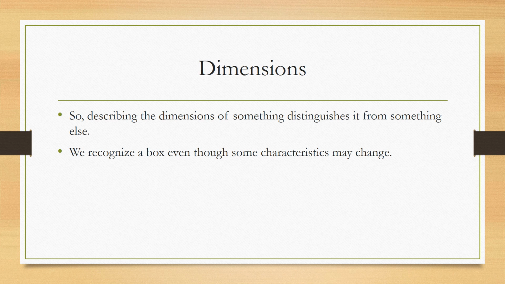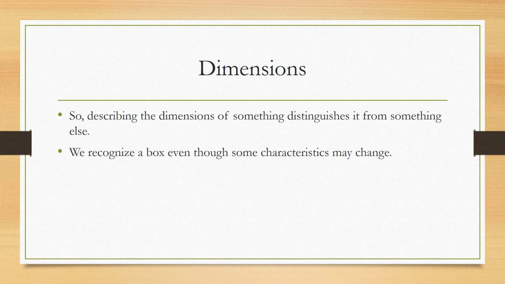And obviously, for most items, there's always an element of crossover. Not everything is perfectly separated from other topics. We recognize a box, even though some characteristics may change. We know when it's a colored box versus a plain paper box.